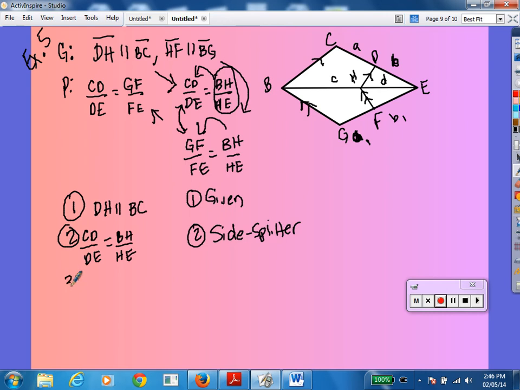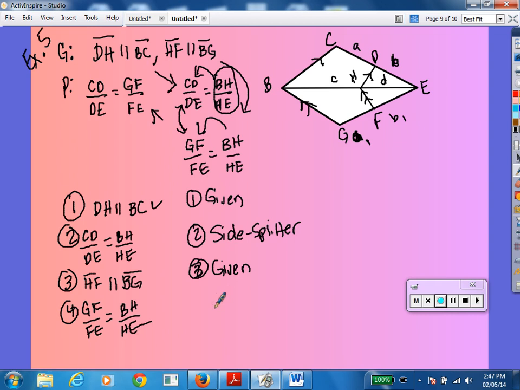And then number 3, that takes care of our other given, HF parallel to BG. So those are parallel lines. That's number 3 given. And then number 4, we would state the information coming off of that, GF over FE equals BH over HE. And we could say same as 2.